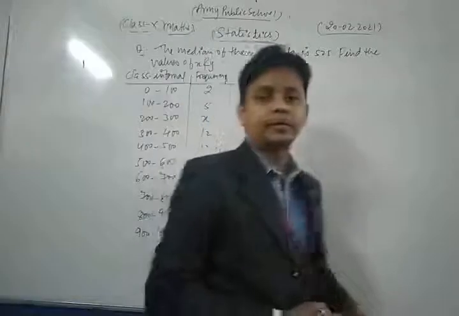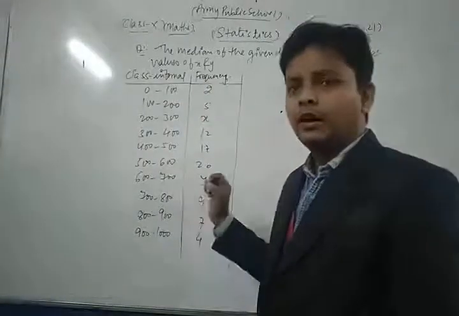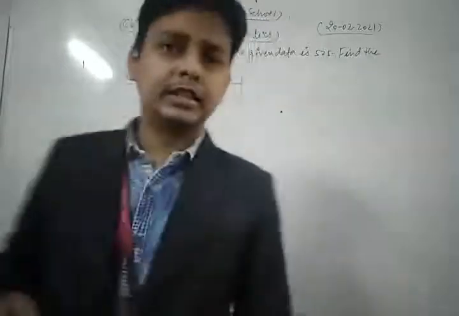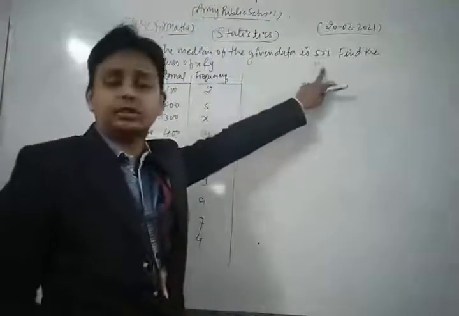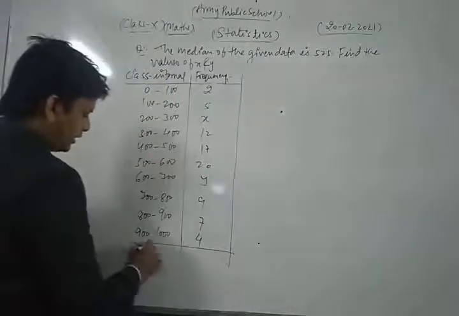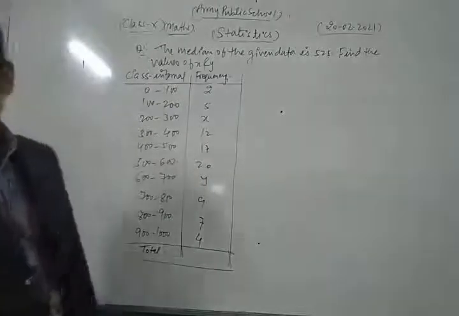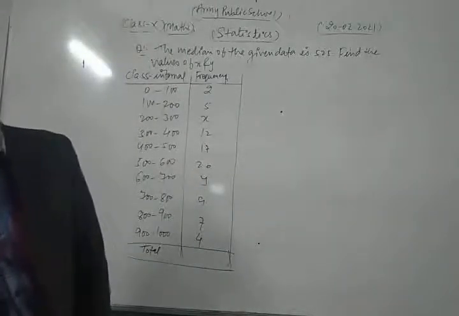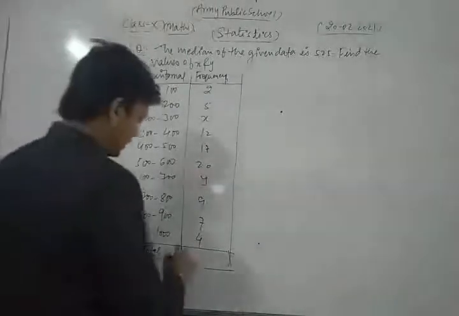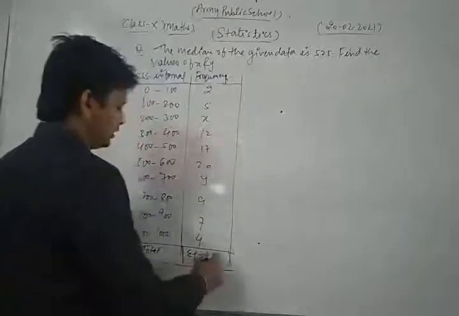This is the question here, and for this data the median is given in the question, which is 525, and the sum of frequencies is also given as 100. Means sigma f is equal to 100, which is given in our question. This is the value of n.